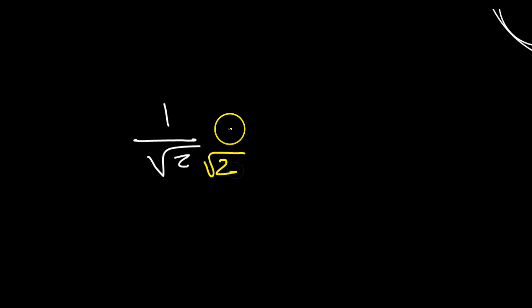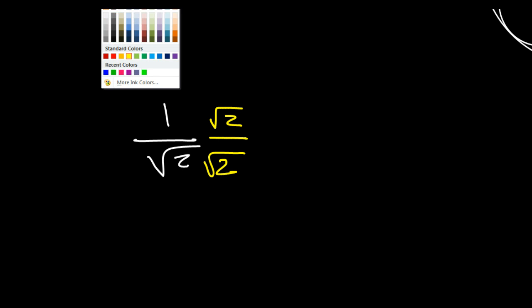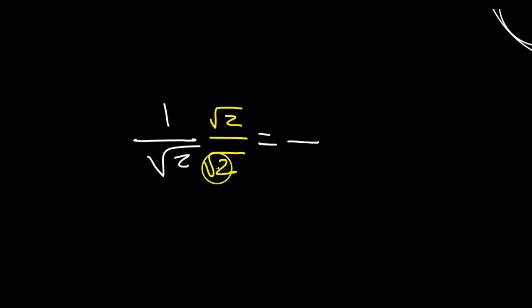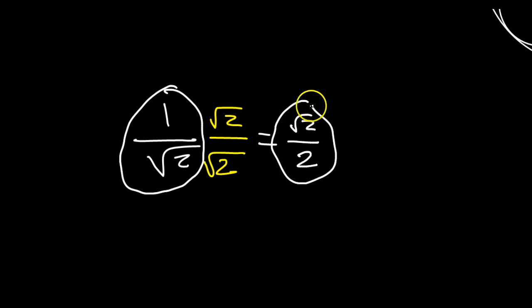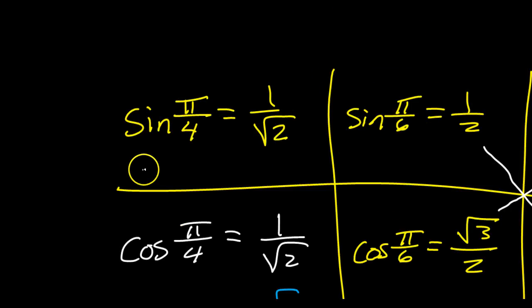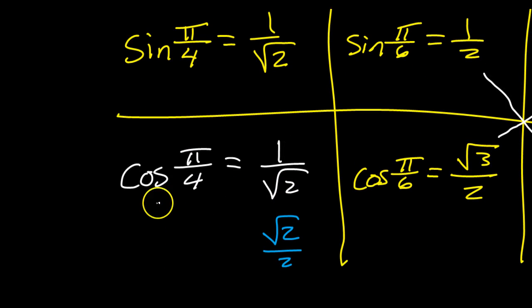So to fix that, we multiply by the radical in the numerator and the denominator. Now we have learned that when you multiply a radical times itself, you just get the number out. And of course, 1 times radical 2 is radical 2. So as you see, 1 over radical 2 is the same thing as radical 2 over 2. So with that in mind, the cosine of what angle is equal to radical 2 over 2? Then you should be thinking pi over 4.